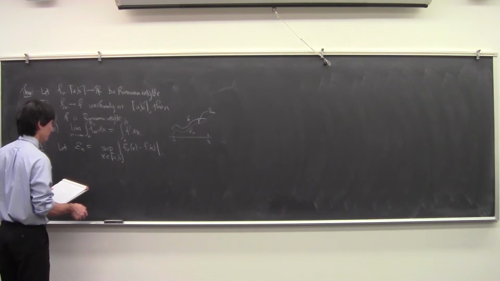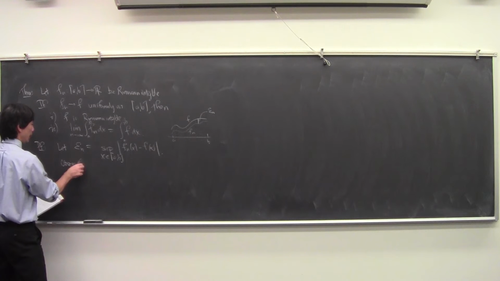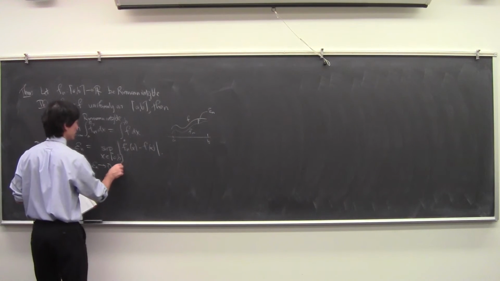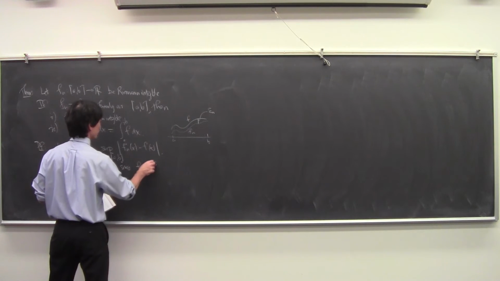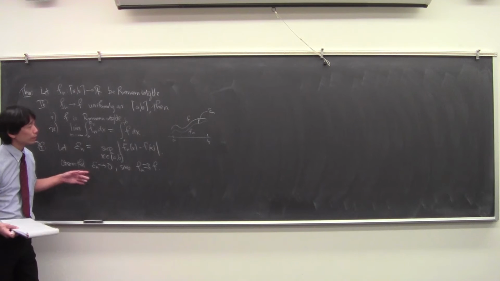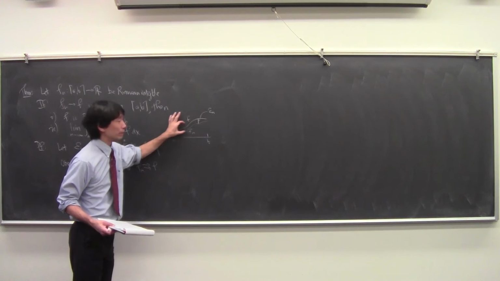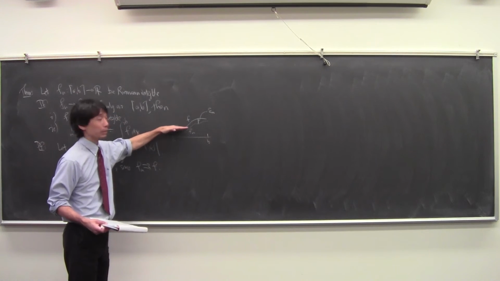Okay. Now, observe that the epsilon sub n's go to 0 since we're assuming uniform convergence. Right? Uniform convergence means that given any epsilon tube around f, past some point, everybody lies inside the epsilon tube.